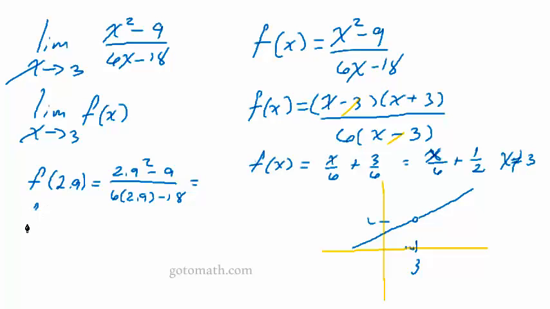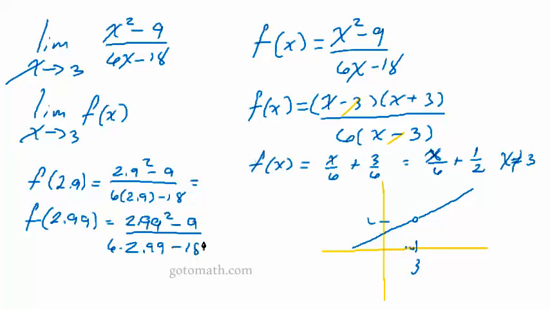Then do it again. If you've watched some of the videos I've done on the previous problems, it should be clicking by now. Then 2.99, and you multiply it by 6 minus 18. Anyway, that's coming in from the left-hand side.